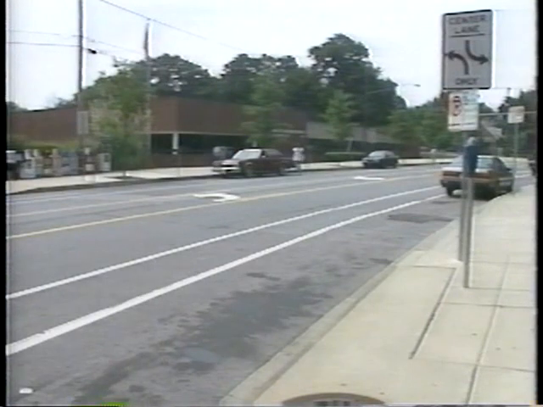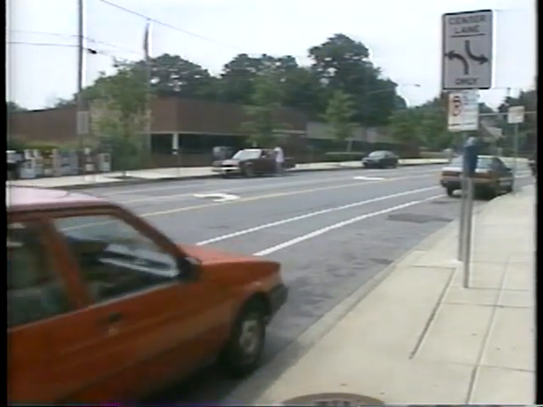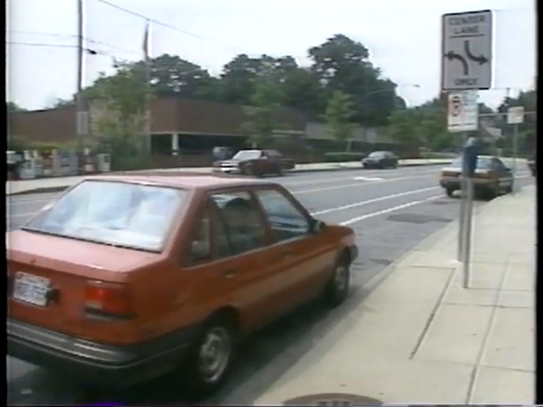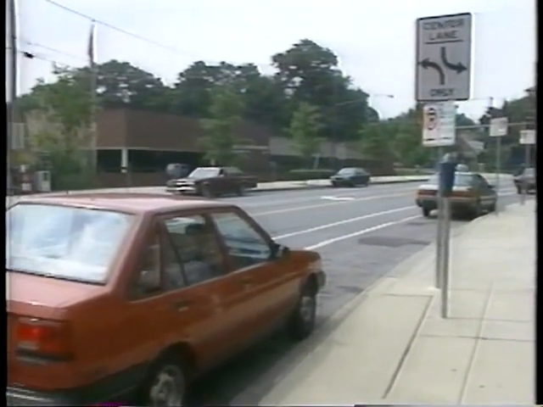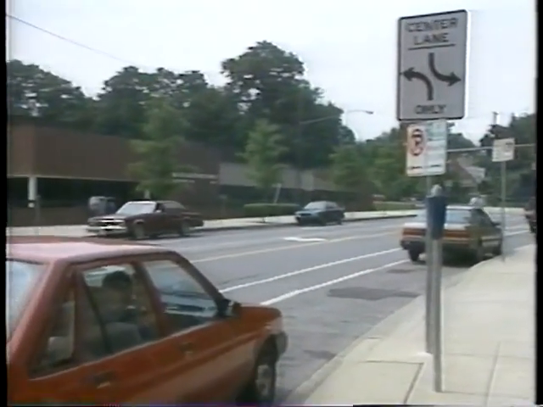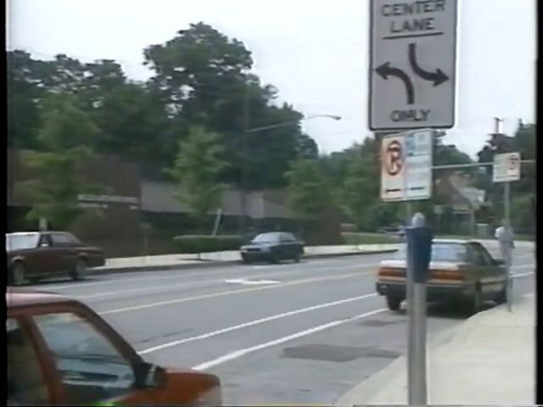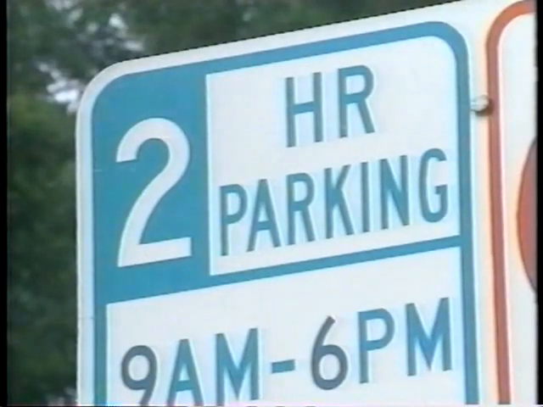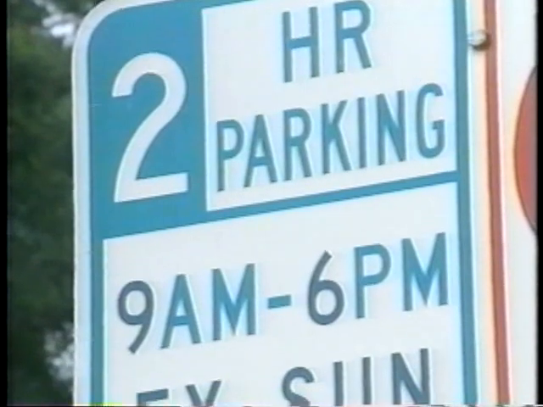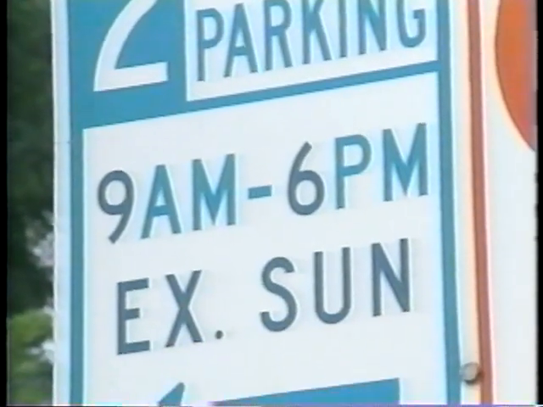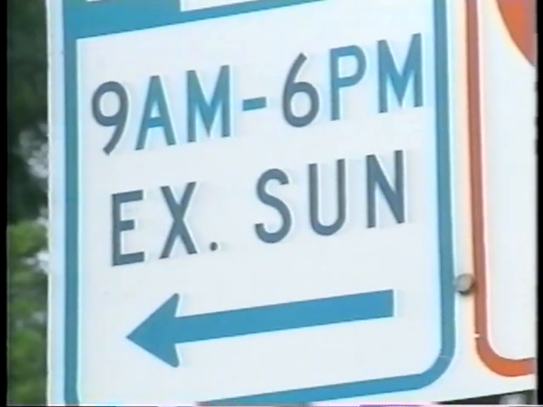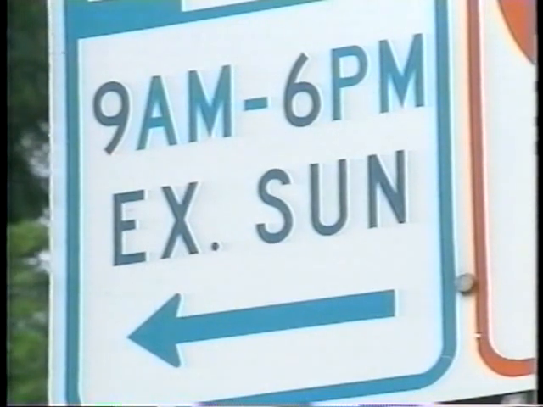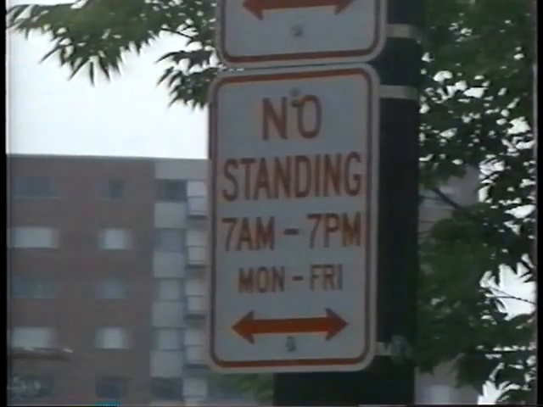Parking control and limits involve a wide variety of signs. Generally, they conform to a standard of shape, color, location, and use. From top to bottom, they cover restriction or prohibition, time of day, if applicable, and days of the week, if applicable.